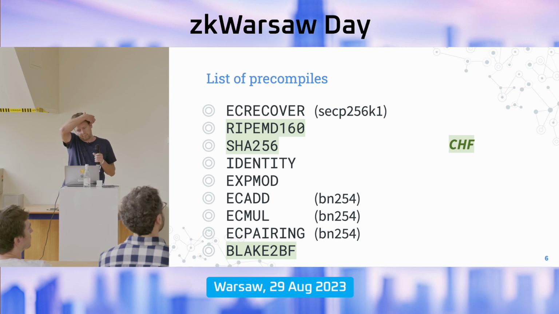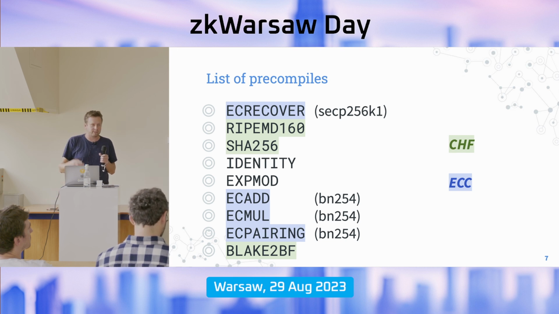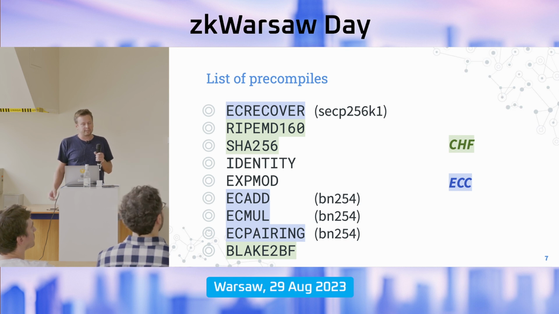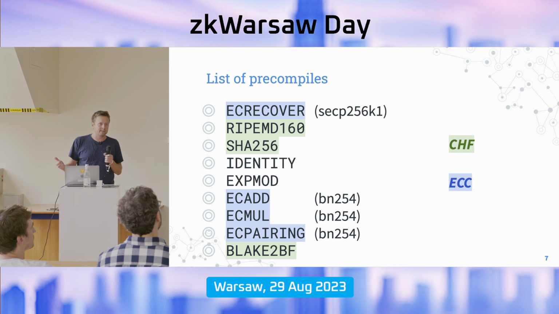The next set of precompiles implements actually the most important topic for us today: functions related to elliptic curve cryptography. In this set, we have probably the most widely used precompile, which is Ethereum signature verification, called EC recovery, and also 3 precompiles related to elliptic curve point operations like adding, multiplying, and EC pairing.